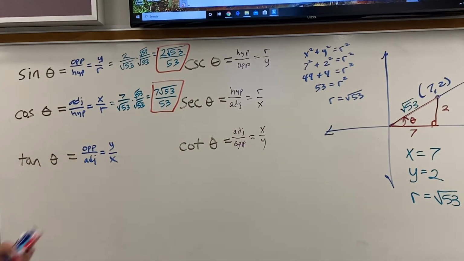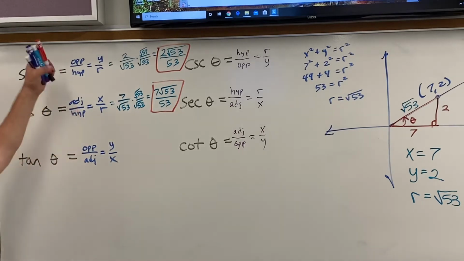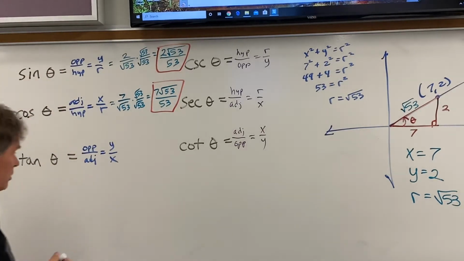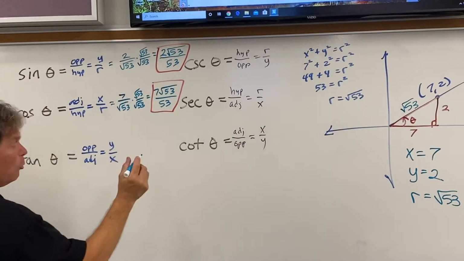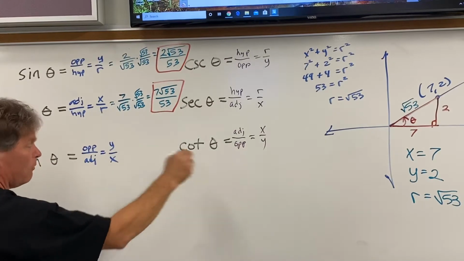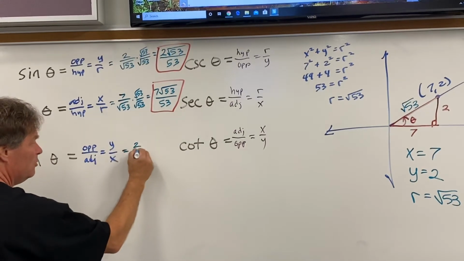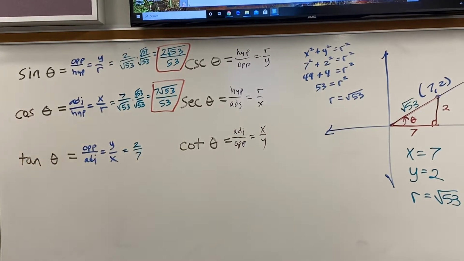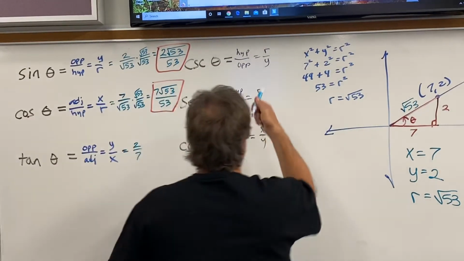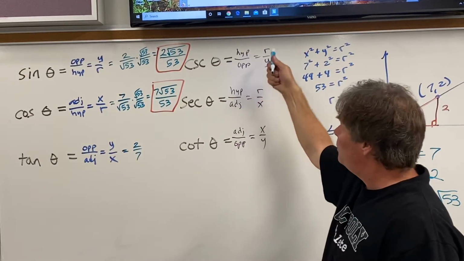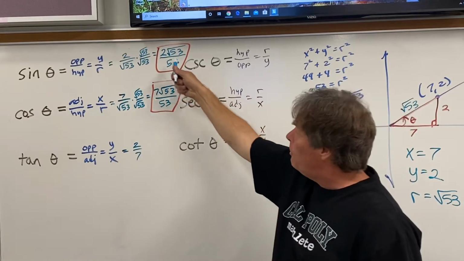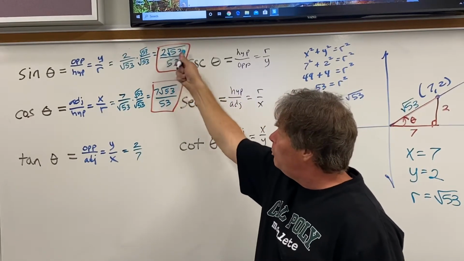Okay, how about this guy, y over x? Good news, finally. y over x is going to be 2 over 7. Not so bad. How about this guy? It's going to be r over y. Don't go 53 over 2 root 53.